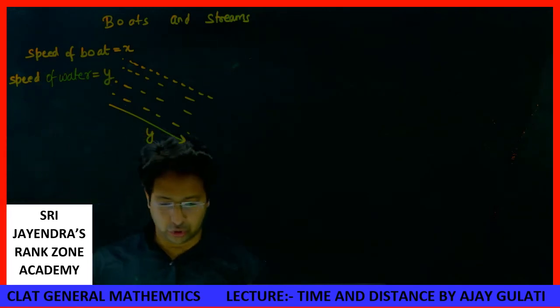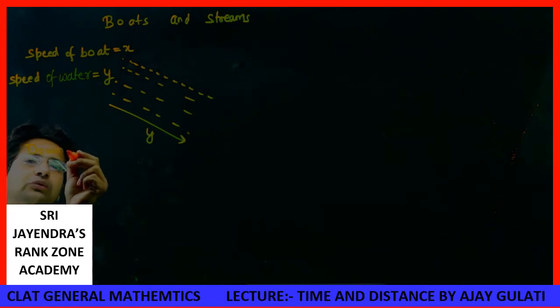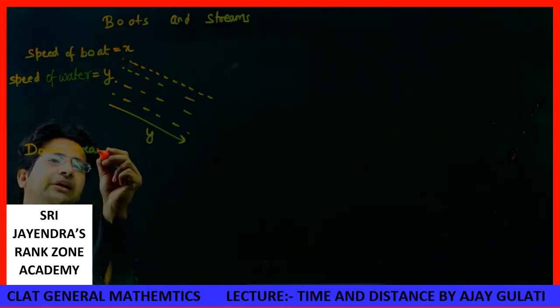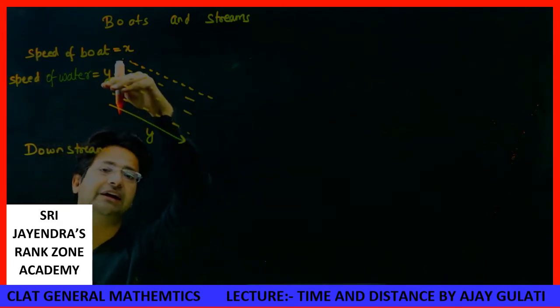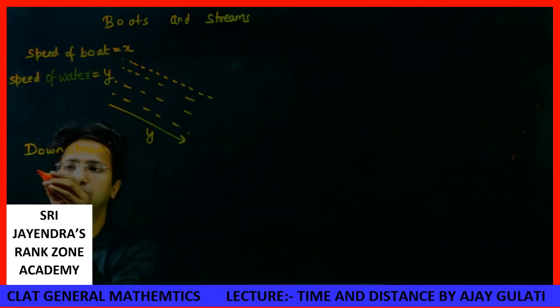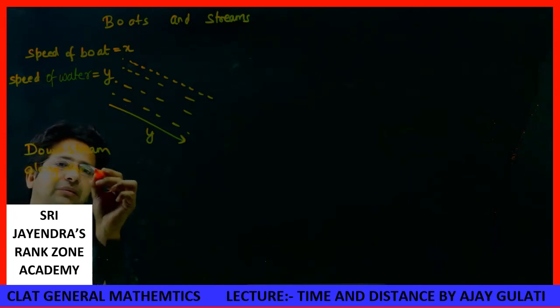Clear, students? So now what happens when a boat is going downstream? What does the word downstream mean? It is flowing like this. The boat is going downwards, that is along the stream. Downstream is also known as along the stream, with the stream.